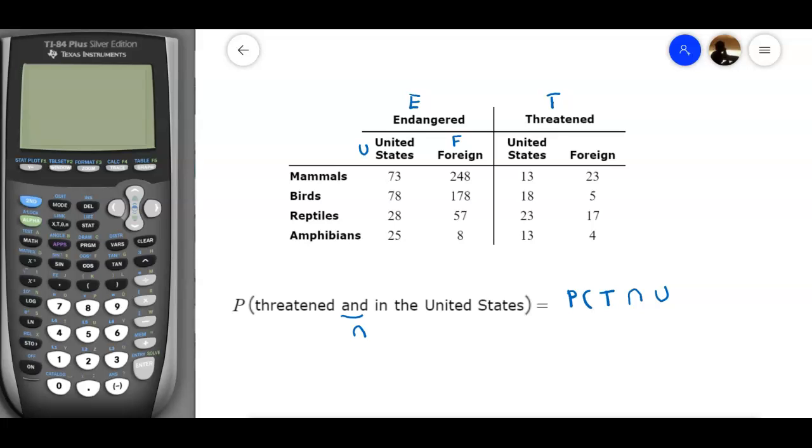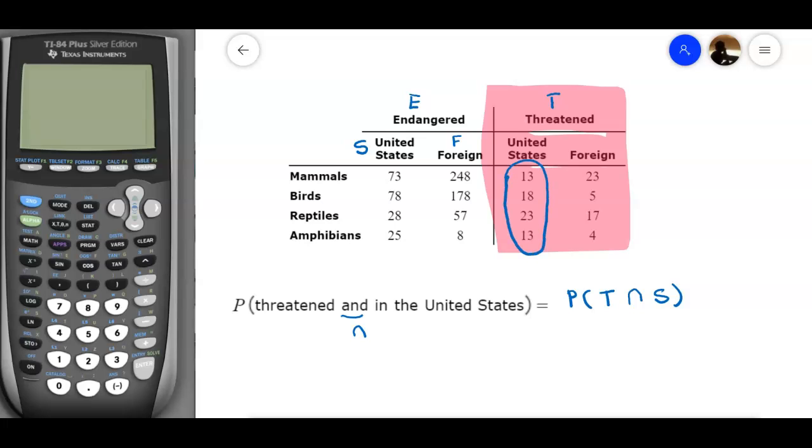Probably I'm going to change the U to S, because U looks like a union. So the states here and the states here. Now, the threatened is all the numbers that represent the threatened, and the intersection we're going to do with this set here.